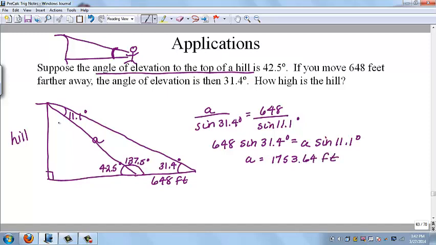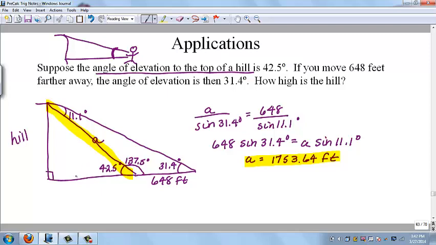So that's what this is right here. I'm going to kind of highlight it. So I just found this side right here of my right triangle, and I found it's going to be this much.